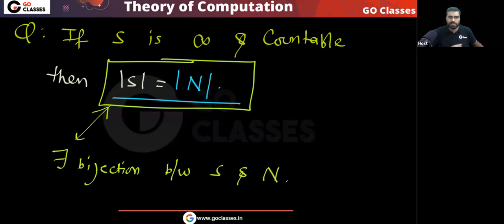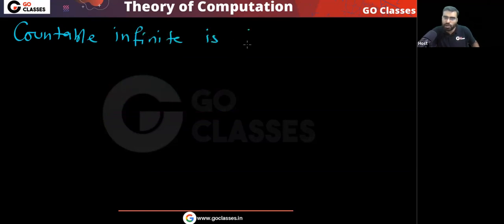Please tell me, is the definition of countable clear? Remember, countable infinite is the lowest level of infinity.